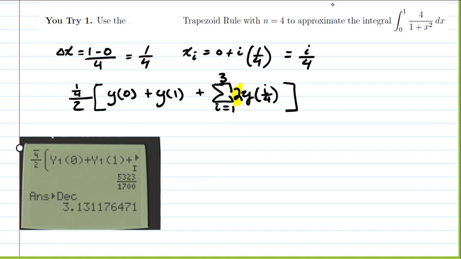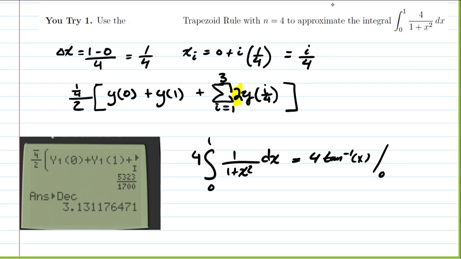Well, in this case, we can actually calculate our integral. If I pull my 4 out of the integral, I'm left with 1 over 1 plus x squared dx. Well, the antiderivative of 1 over 1 plus x squared is the inverse tangent of x.